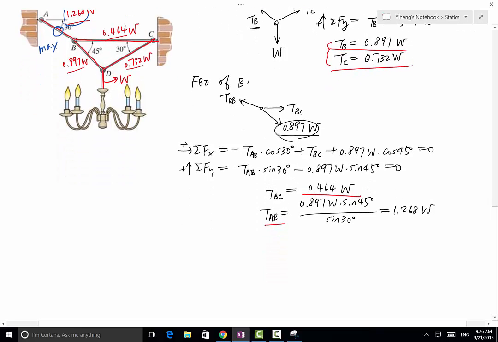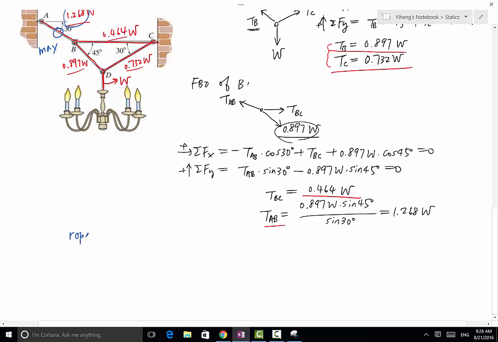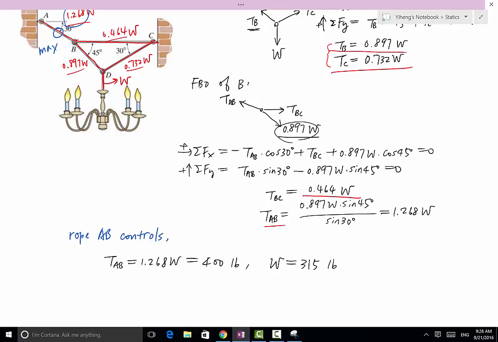Since rope AB controls, we can set TAB, which equals 1.268 W, to be that maximum tension force, 400 pounds. From there, we can solve for the maximum allowable weight force, which is 315 pounds. It's actually the maximum failing weight force. And that solves this problem.